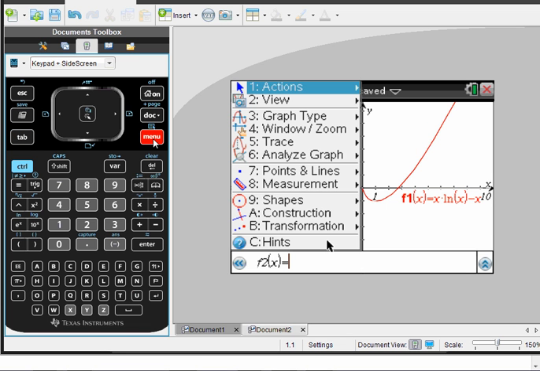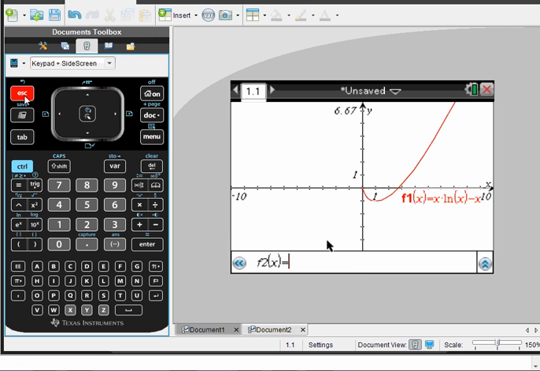Now, we're going to try to put nDeriv in here. Let me see if my menu will do it. I'm going to graph. Okay, I'll type it. I'm not sure it's going to work. The minute I put the d in, it should become not italicized. And then I want an f1.